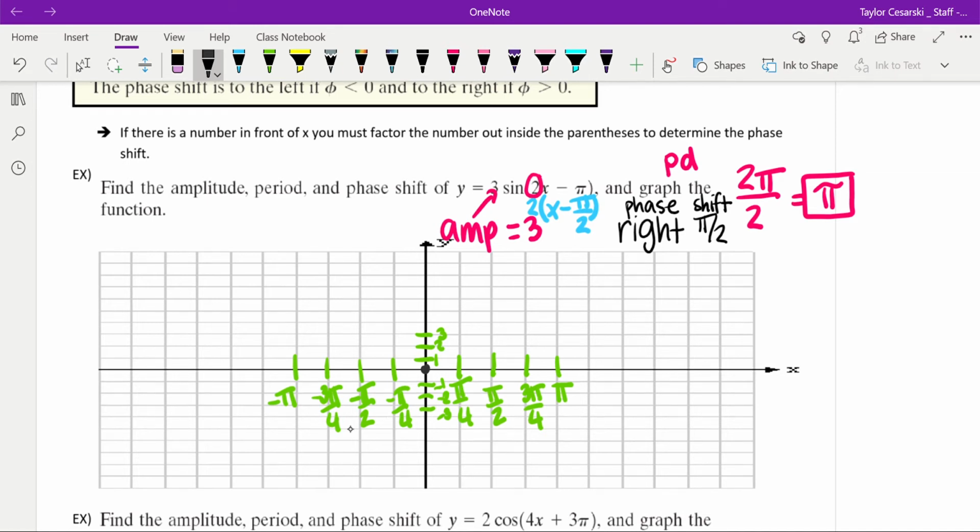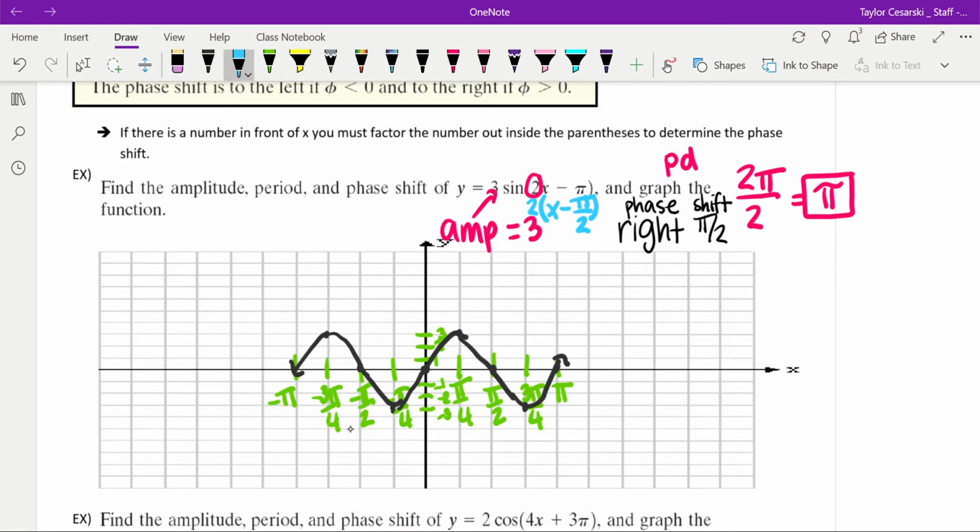Sine is going to start at my origin. So that is the sine graph with an amplitude of 3. Then for your final graph, you have to shift it right pi over 2, and that means 2 tick marks on this graph.